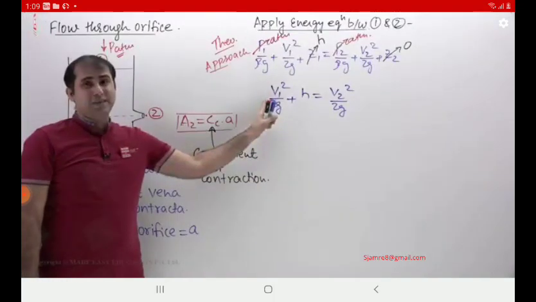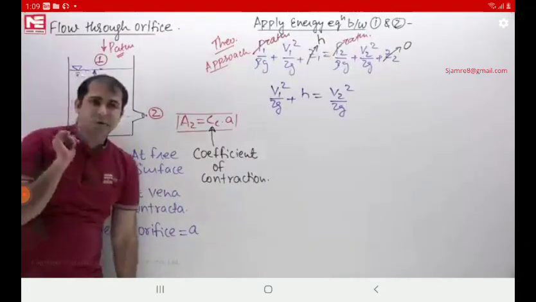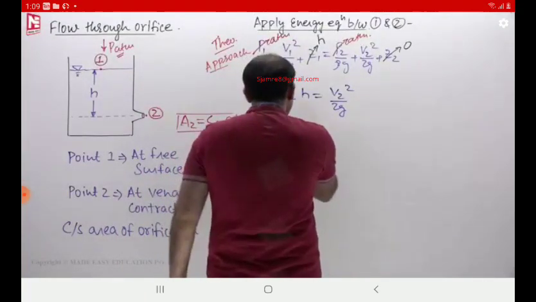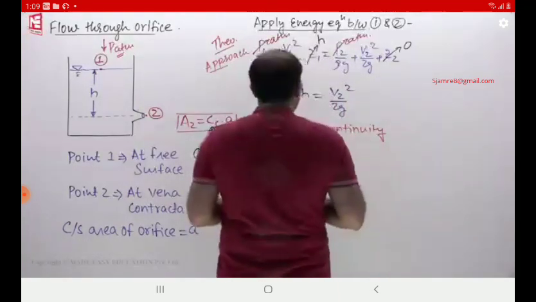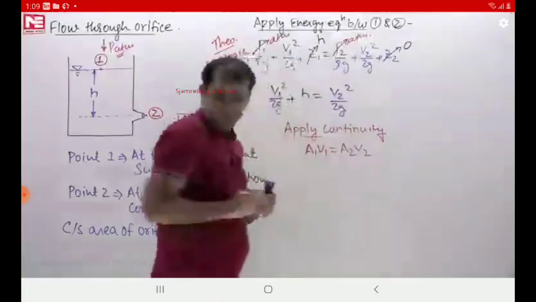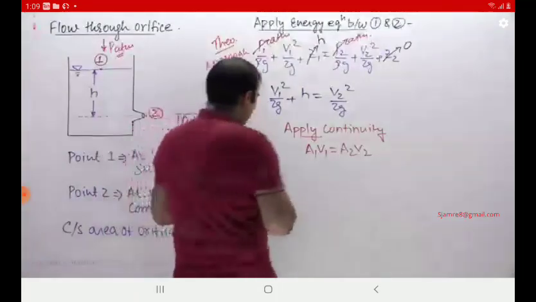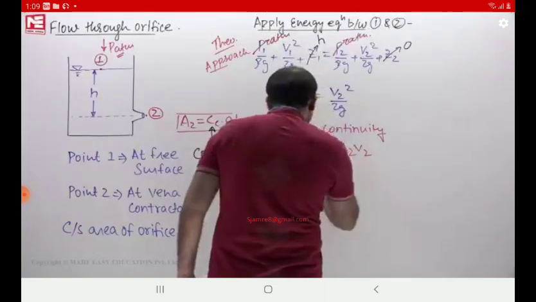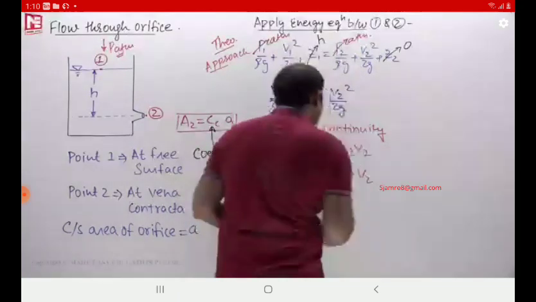Now my interest is, if V1 is known, I can put in the value of V1 and get the value of V2. For this I am going to apply the continuity equation: A1 V1 is equal to A2 V2. So V1 is A2 upon A1 multiplied by V2.